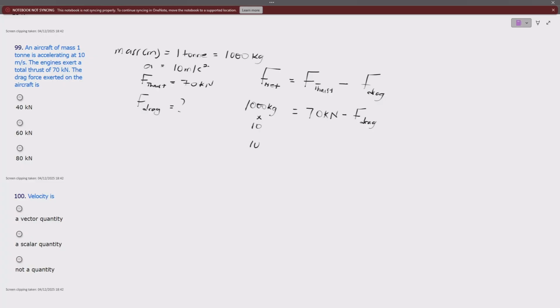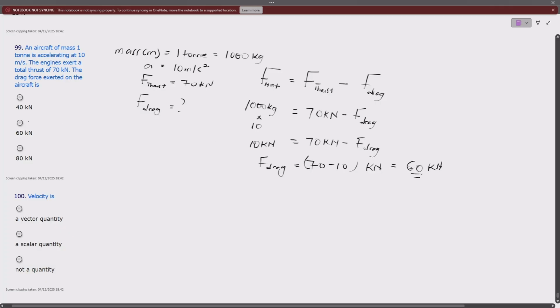That will be 10 kilonewtons equals 70 kilonewtons minus F drag. F drag equals 70 minus 10 kilonewtons. That will be 60 kilonewtons.